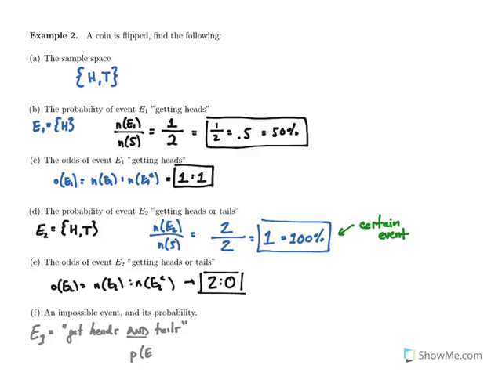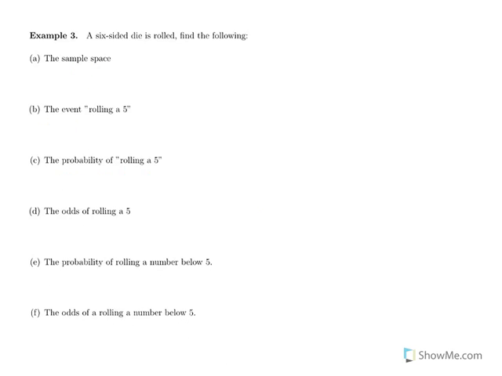So the probability of E3 is 0 over 2, 0 or 0%. And the odds of that are going to be 0 to 2. All right, so probability and odds are closely related, but they're a little bit different. We can calculate them in different ways.